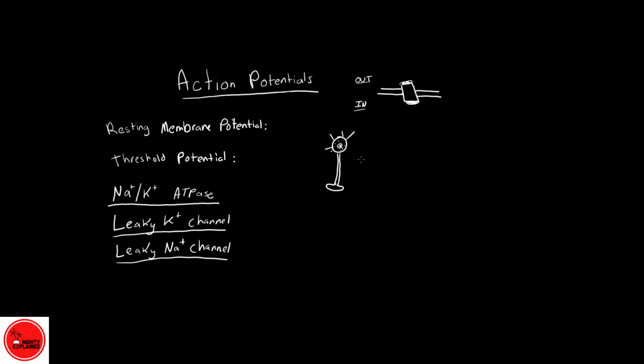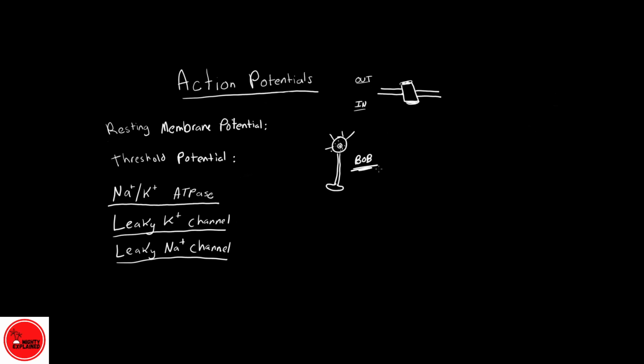So when your main homie neuron right here, let's call him Bob, is chilling on the couch eating Cheetos and Doritos and drinking pop, watching the football game, he is neither getting stimulated nor inhibited by any other neurons around. So Bob is just resting.